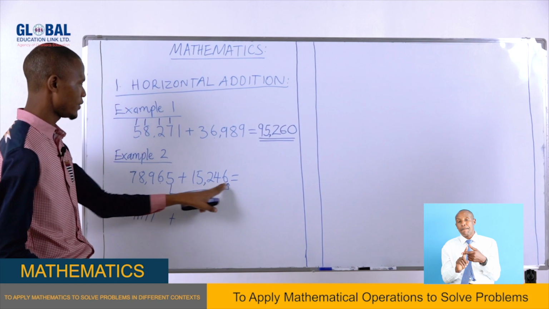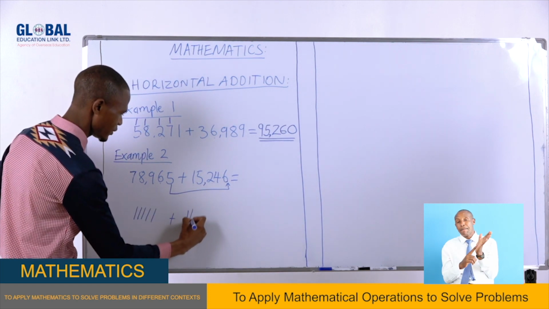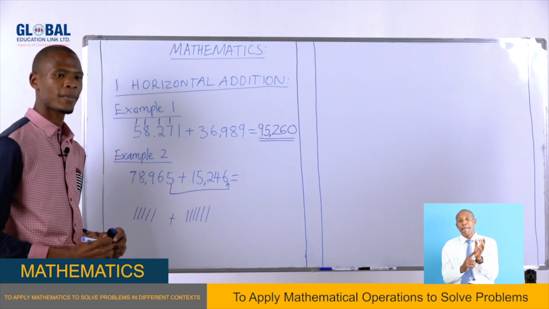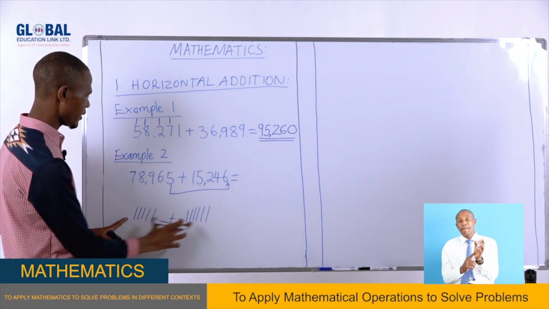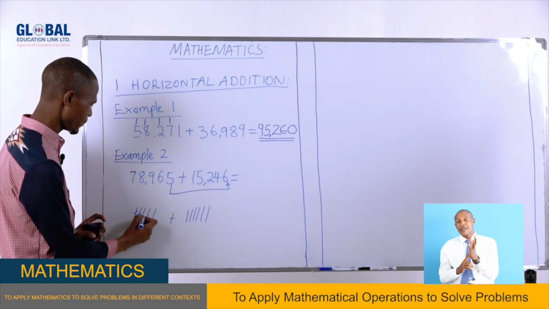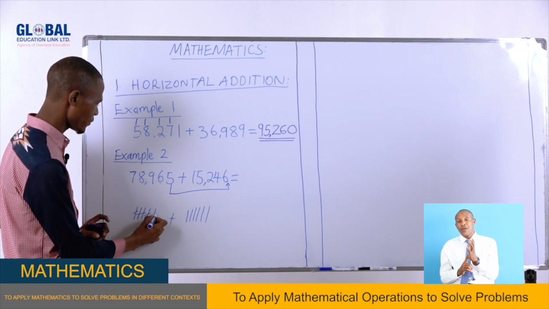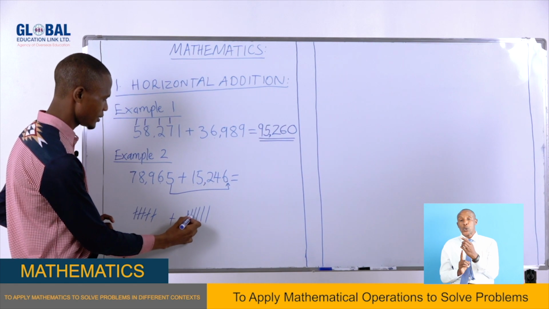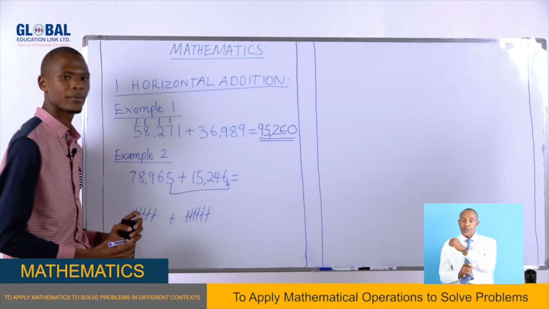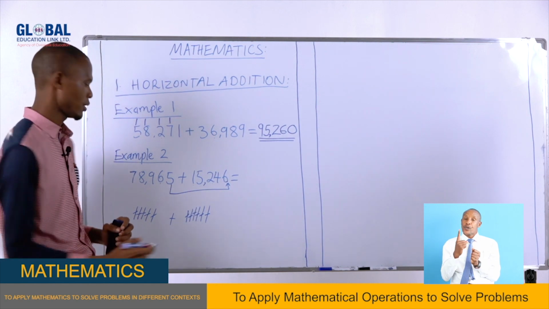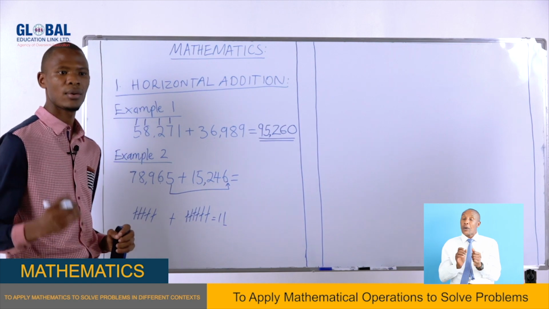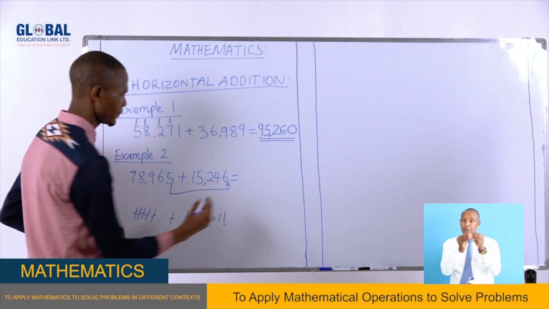We add 6 tallies, 1, 2, 3, 4, 5, 6. Therefore, the sum of 5 and 6 gives us 1, 2, 3, 4, 5, 6, 7, 8, 9, 10, 11. So 11, we write 1, we carry 1 forward.